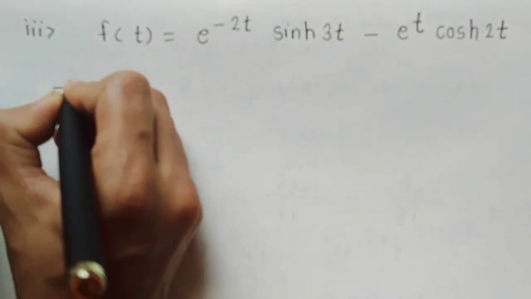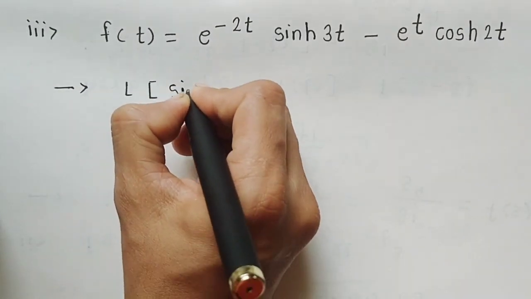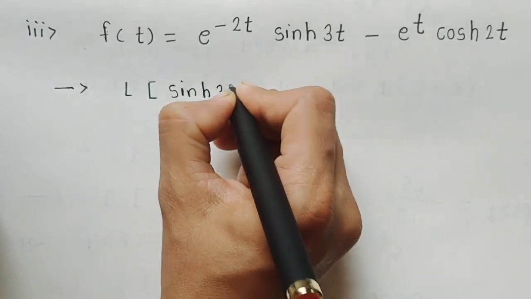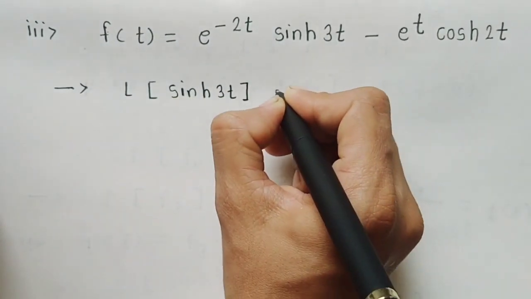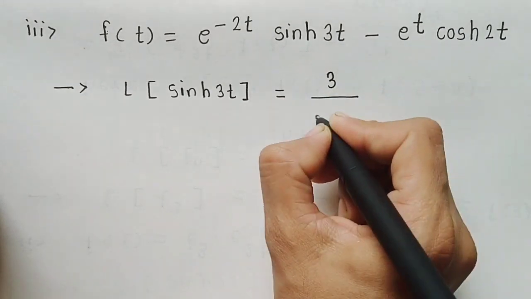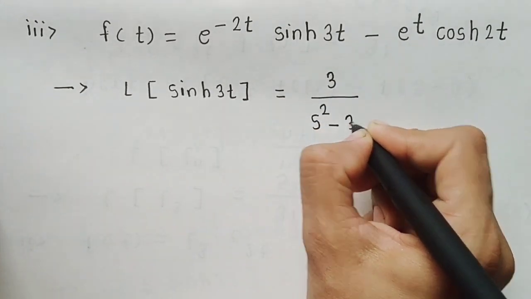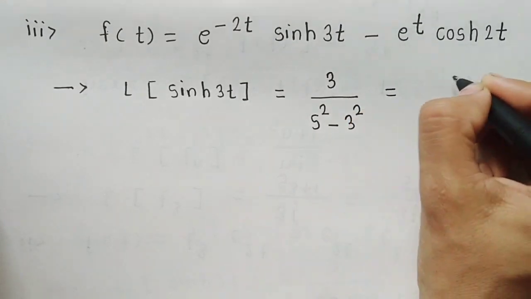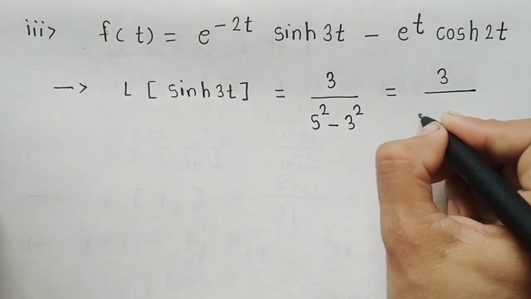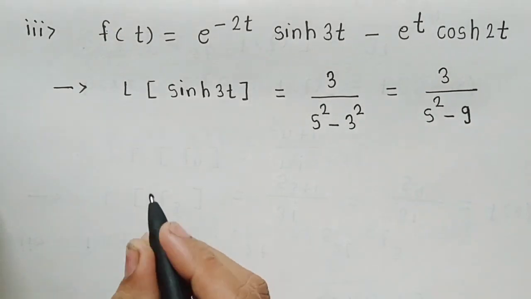So first the Laplace of sinh 3t is equal to a upon s square minus a square, where the value of a is 3, which equals 3 upon s square minus 9.